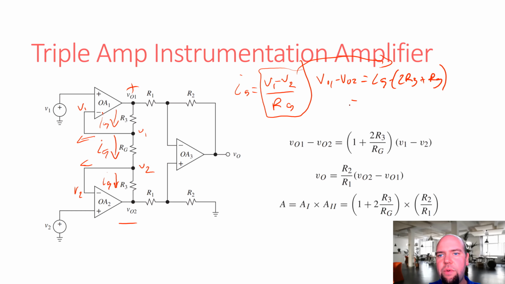So we got this equals V1 minus V2 times 1 plus 2R3 over RG.